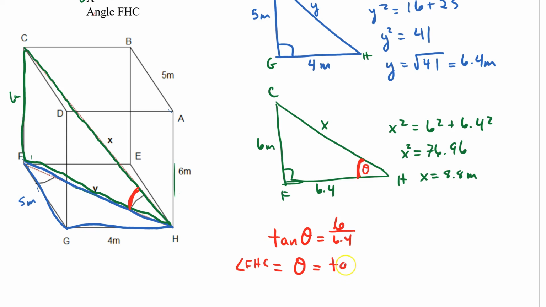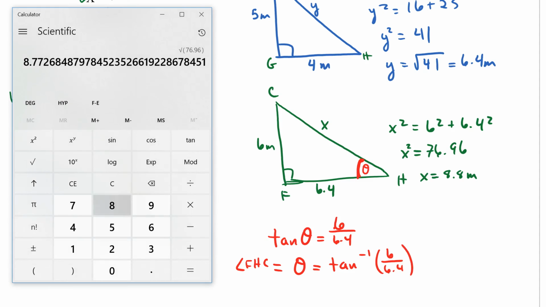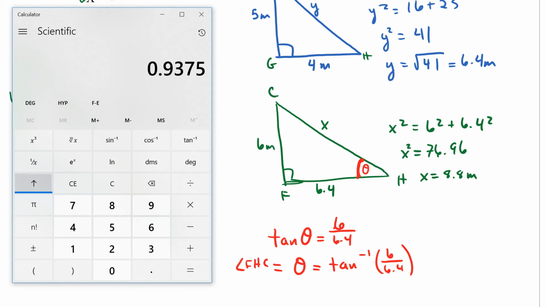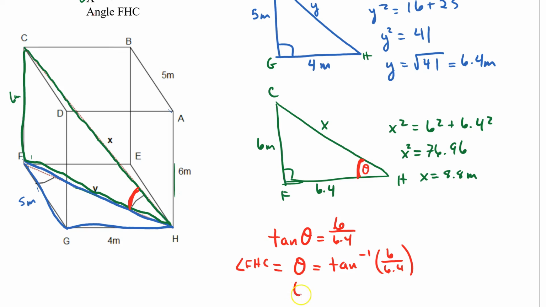So I'm going to say tan inverse of 6 over 6.4. So I go 6 divided by 6.4 and I hit my equal sign. I'm going to tan inverse that. So that angle is 43.15 or 43.2. So therefore theta equals 43.2 degrees. And we have solved for that angle.